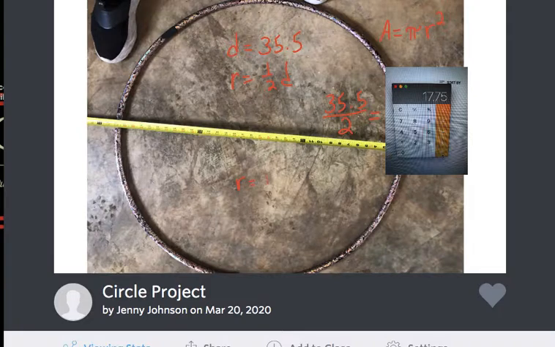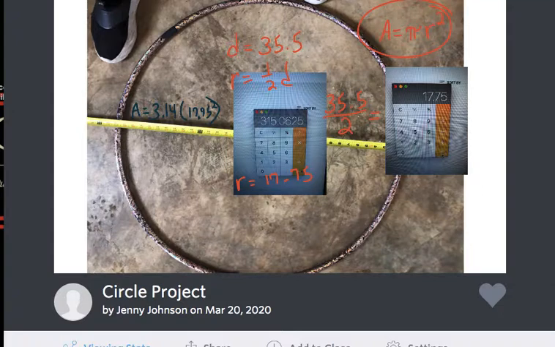Now I have the radius, 17.75. So then I need to take this information and plug it into my area formula. So area equals pi, which is approximately 3.14, times 17.75 squared. Now, it's important that I square the radius first before I multiply by 3.14.